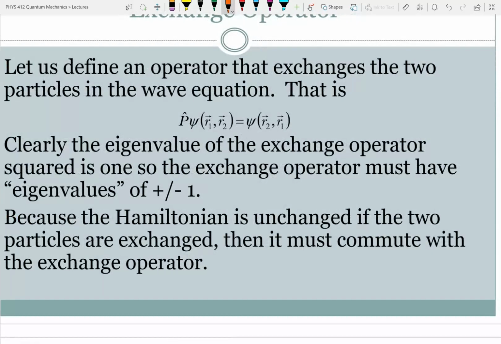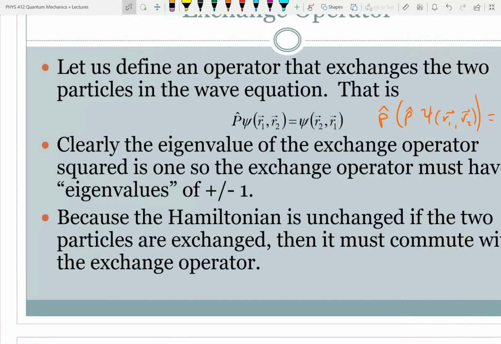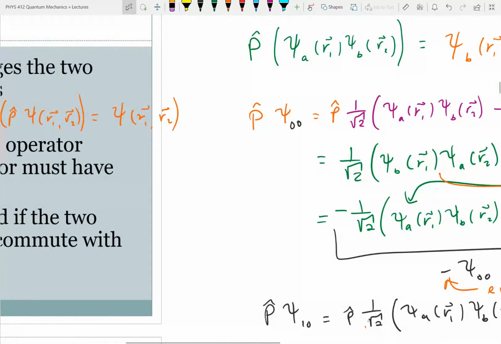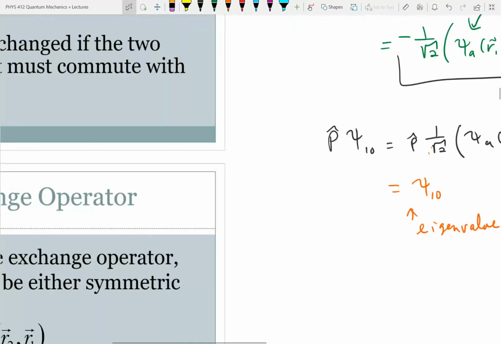That statement was made from if I did that, I would have to exchange R1 and R2 and then exchange them back. So the eigenvalue squared is going to have to be 1. So this statement was a correct statement. This here is the easy mathematical showing, yep, of course it is.